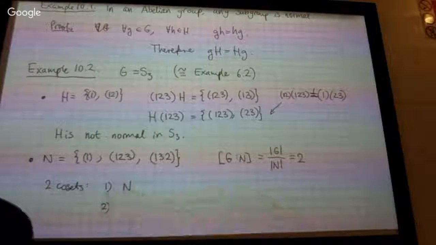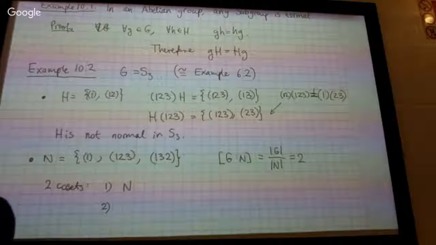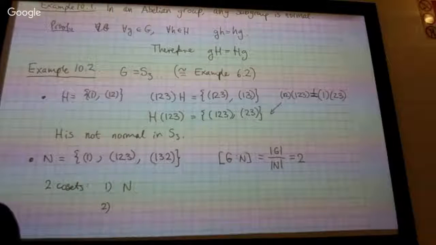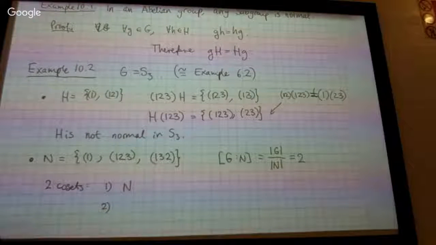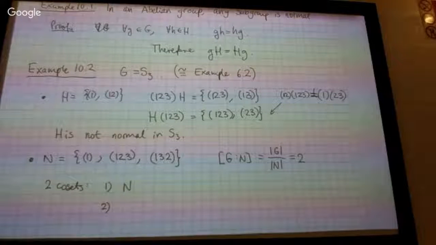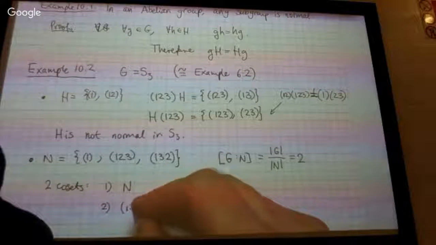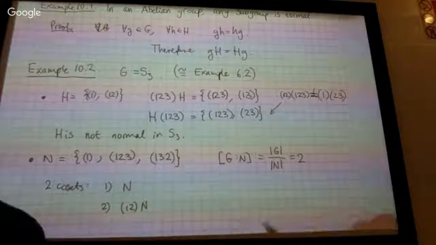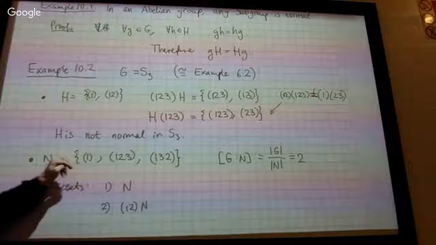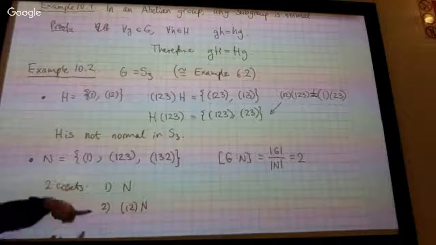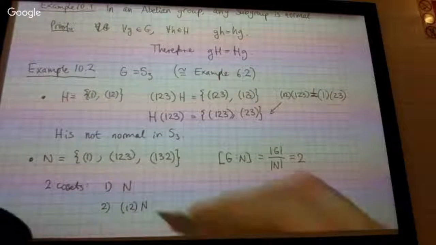And the second, you can take (1 2), anything that's not an element of n, because there are only 2 cosets. You can take it as the g.